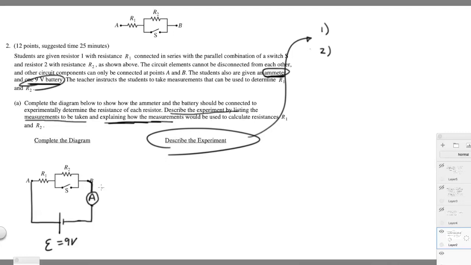Okay, so the current flowing through the ammeter with the switch open, I'm going to call that I-O, where O stands for open. So that's step 2.